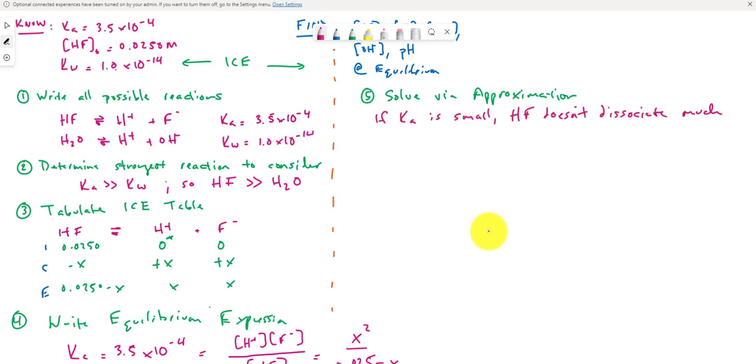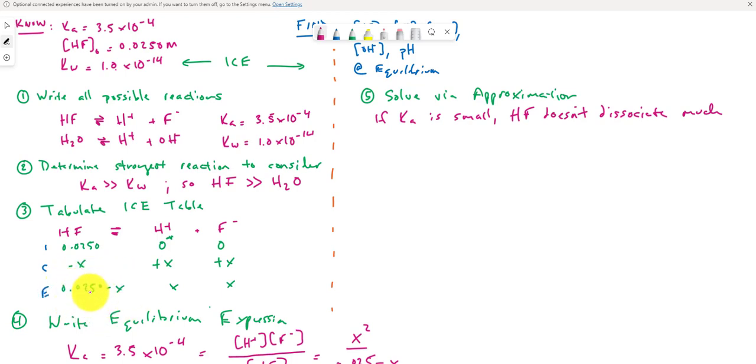So the approximation is based on this premise that if Ka is small for the reaction, then we can assume that the equilibrium lies very far to the left, which means that HF in this case doesn't really dissociate much into H plus and fluoride minus. And why that's relevant here is because of this term here under HF.